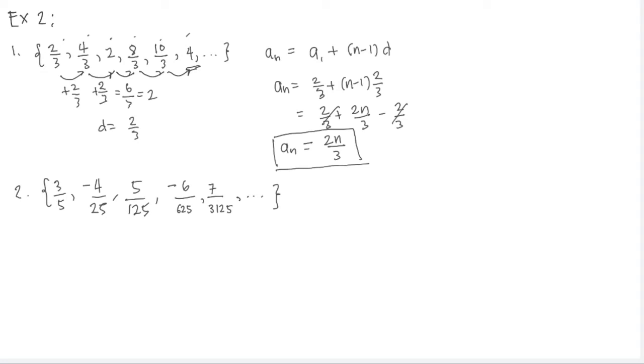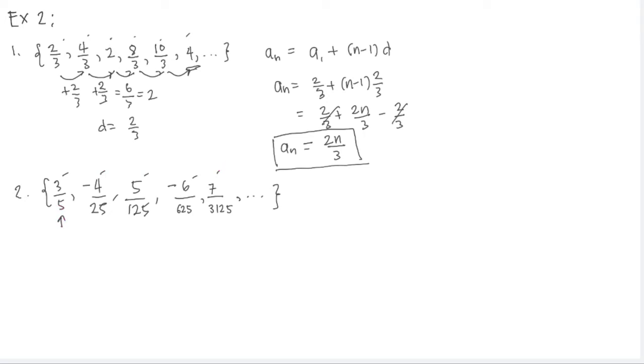But if we look at the numerator and the denominator separately, it's easy to see that the numerator exhibits an obvious pattern: 3, 4, 5, 6, 7. If we disregard the algebraic sign, positive or negative, we have an arithmetic sequence: 3, 4, 5, 6, 7. So this is the first term.